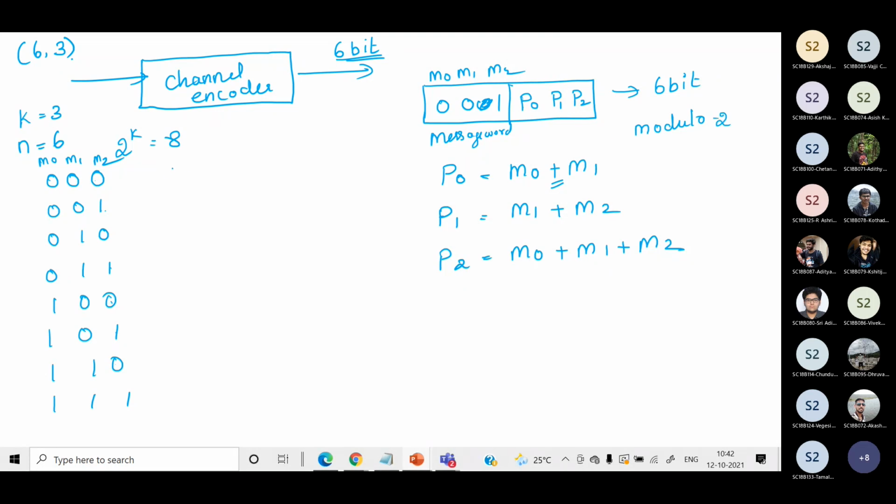So for example, take this message. What is the corresponding code word?